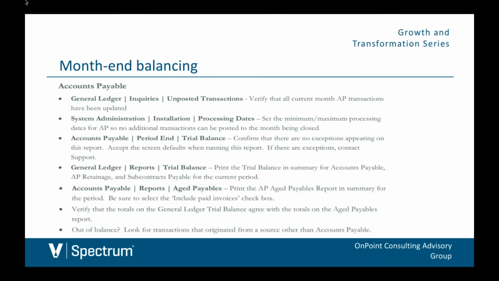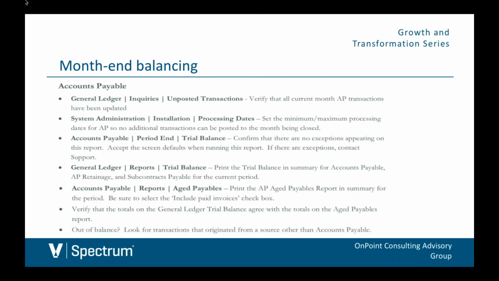Then the next report is in general ledger reports, trial balance. Here it says to print the trial balance in summary for AP, AP retainage, and subcontracts payable if you have separate ones for all of those for the current period.